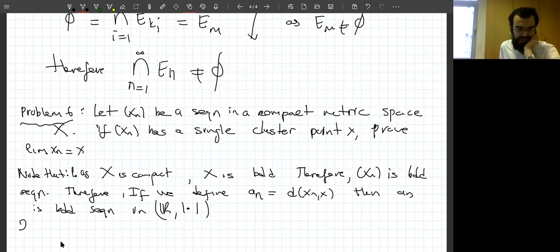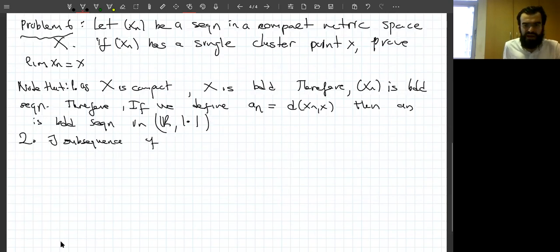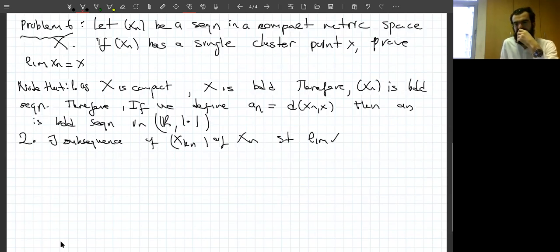Second one. So X is a compact metric space. By sequential compactness, there exists a subsequence x_{k_n} of x_n such that the limit of x_{k_n} exists.